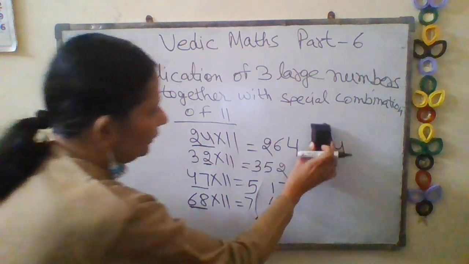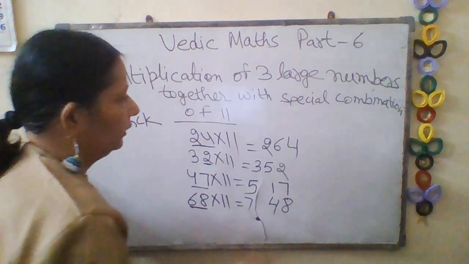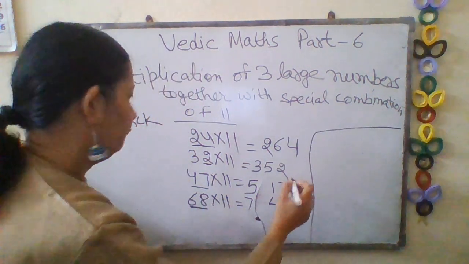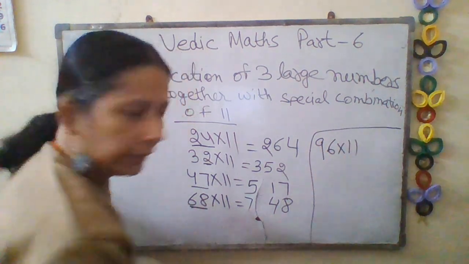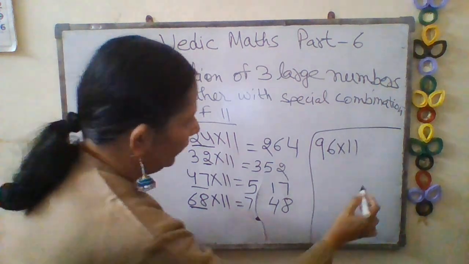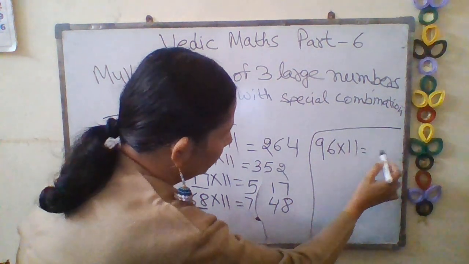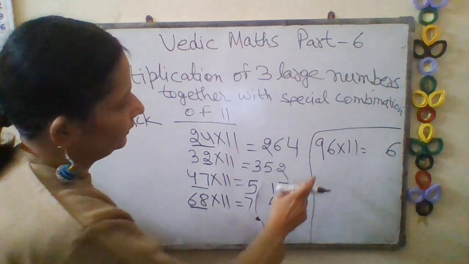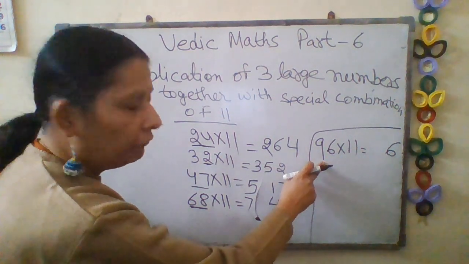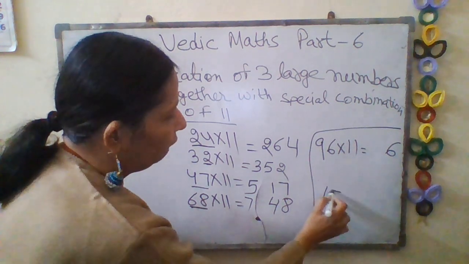Now let's discuss some more cases. If I take 96 into 11, I told you how you will solve it. Write down the last number. 6 is the last number. Write down 6 as it is. Now 9 plus 6 is equal to 15.